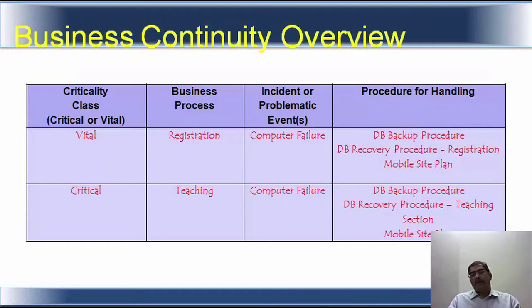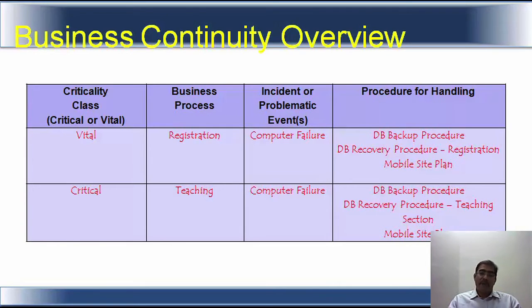Looking back at the same example of a university, we can classify, so let's say the criticality class, critical or vital. What are the business processes affected? What is an incident or problematic event? And what is the procedure for handling? If the criticality is vital, the business process is registration.